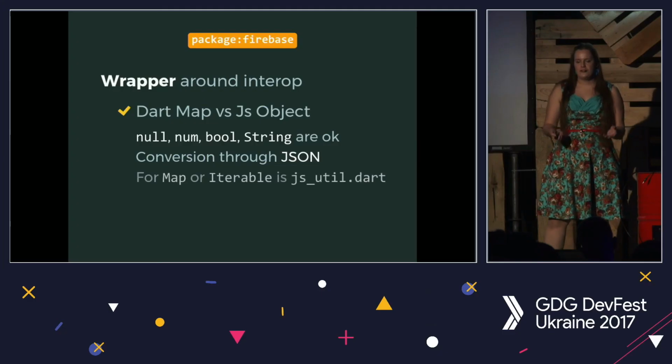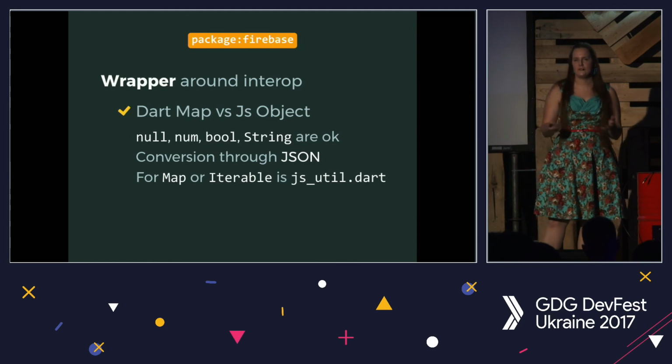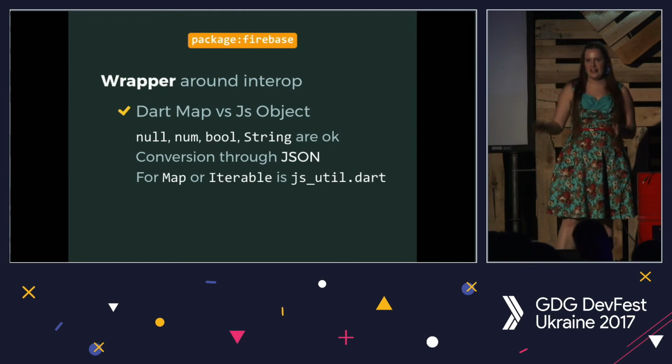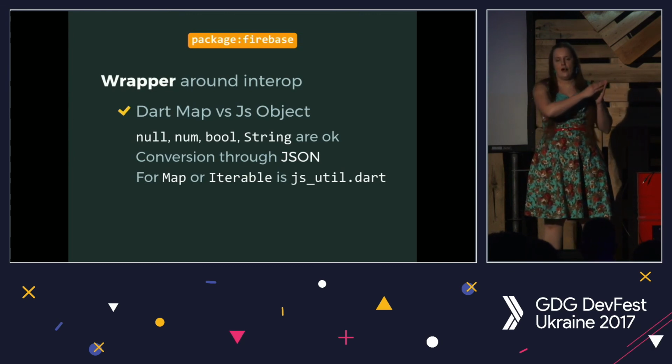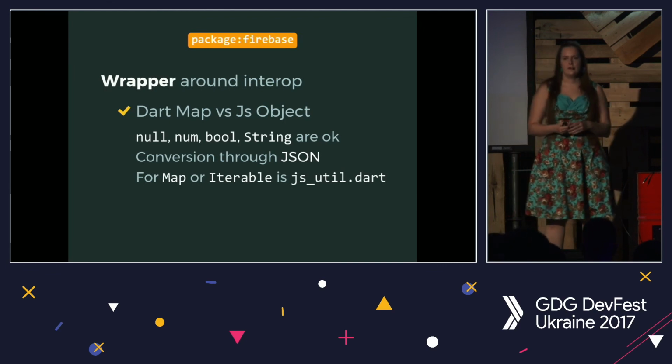Because JSON can't have functions, this was problematic and we had to find another solution. Fortunately, there is a method for it in the JSUtil Dart library, which is part of the package js. There is a method to convert a Dart map object to a JavaScript object, which is then prepared for you.